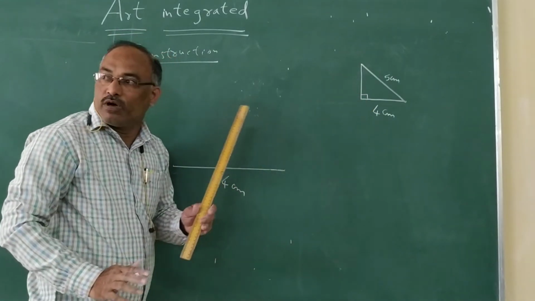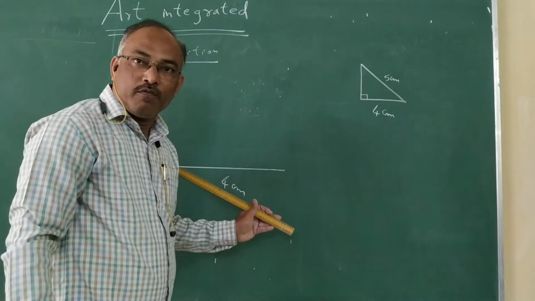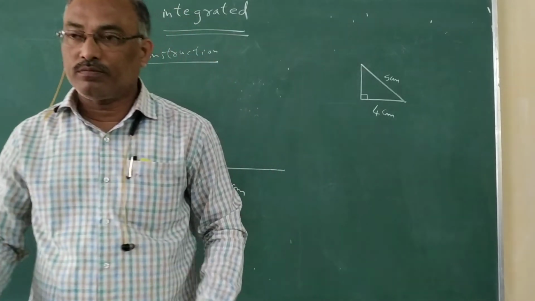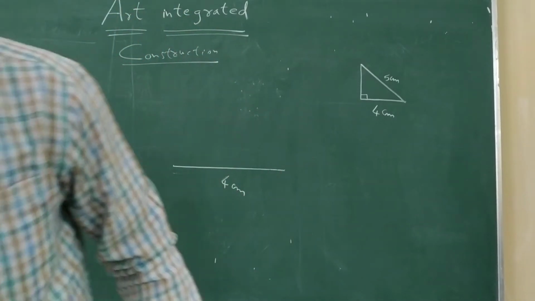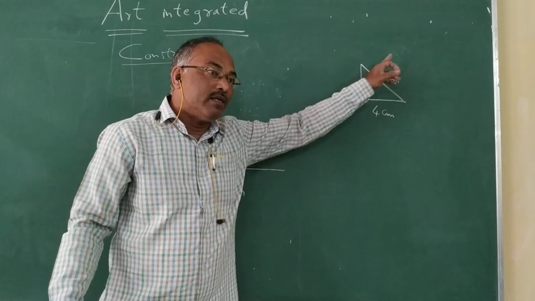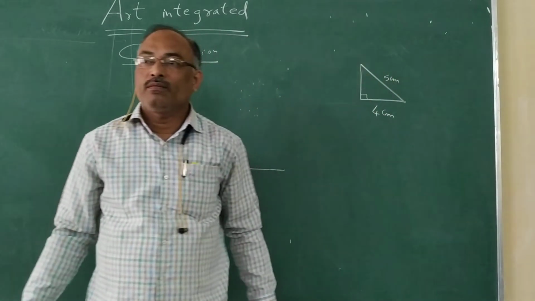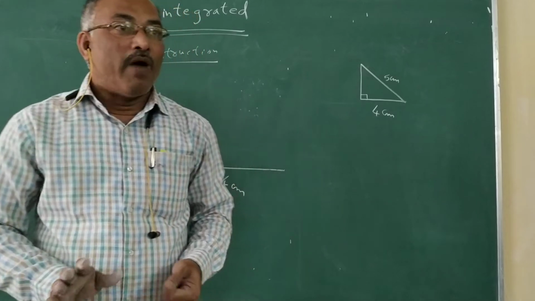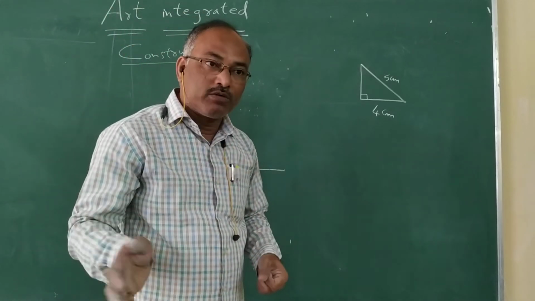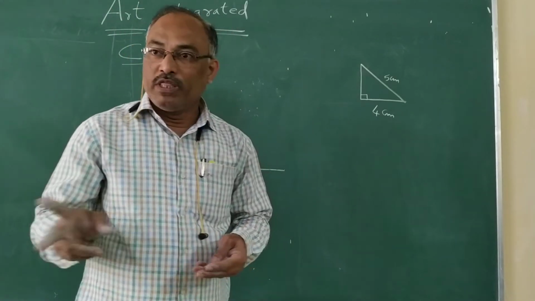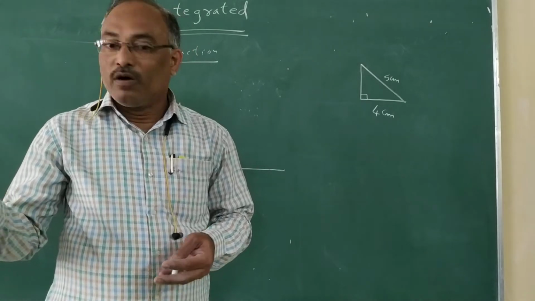Total 3 elements are given. We have drawn only the first step. What about the remaining steps? A right angle is there and a side is there. How to draw this side? 5 centimeter with the help of scale, or with the help of protractor?